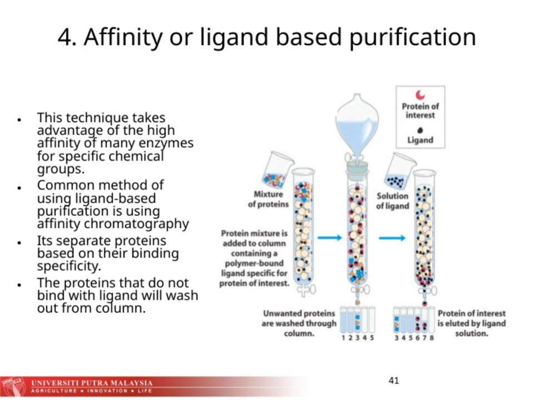Proteins that do not bind to the ligand will simply wash out of the column, leaving behind those that have a strong affinity. This method is highly selective and efficient, making it a powerful tool in protein purification workflows. It really highlights how understanding enzyme specificity can be practically applied to isolate target proteins effectively, tying into the broader theme of targeted purification techniques.